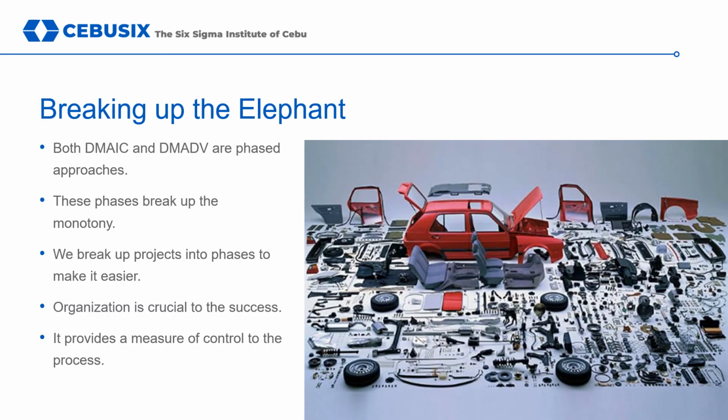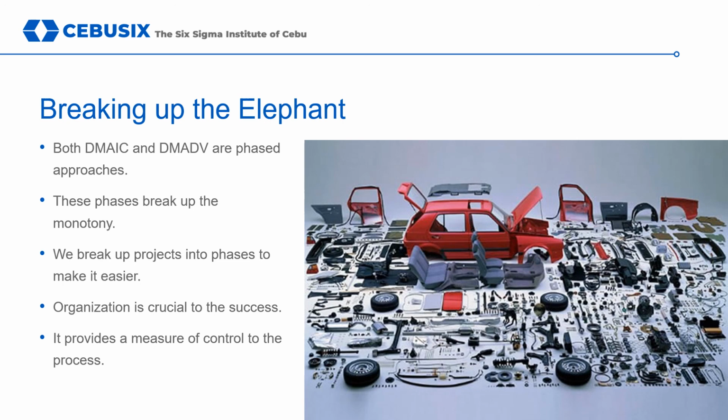You should now have a basic understanding of how a Six Sigma team approaches a problem or process improvement, whether improving an existing process or creating a new process or product. Teams work through phased approaches.